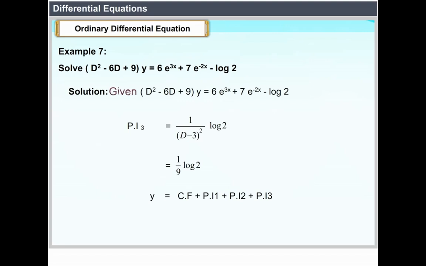Y = CF + PI1 + PI2 + PI3 = (a + bx)e^(3x) + 3x²e^(3x) + 7/25 e^(−2x) + 1/9 log 2.